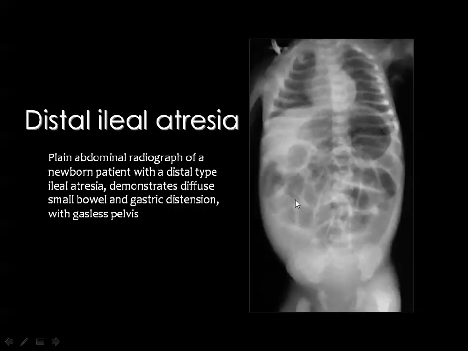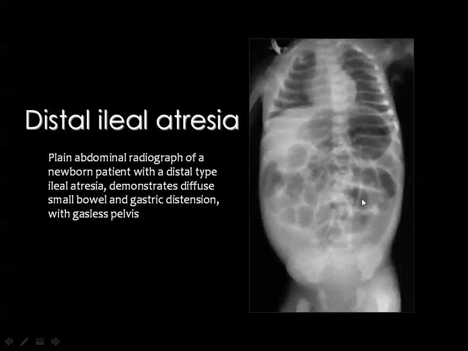Now, if the obstruction is more distal, this cannot be diagnosed by just the plain X-rays, because there are many conditions that can cause this appearance. If any obstructive lesion is located in the terminal ileum or in the colon, it will result in distension of the abdomen by gases.